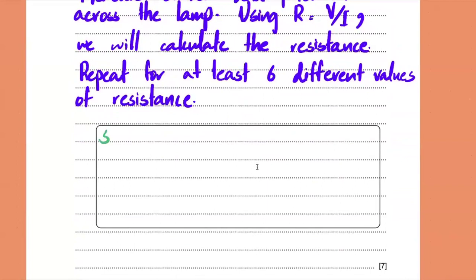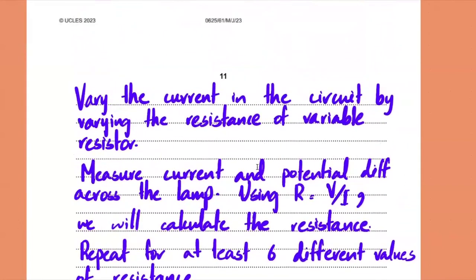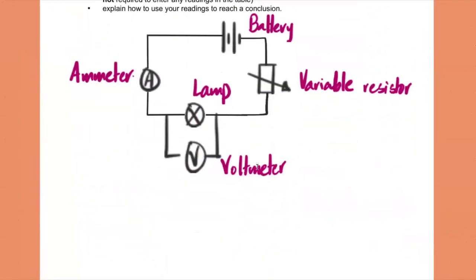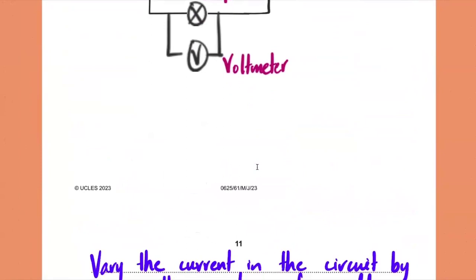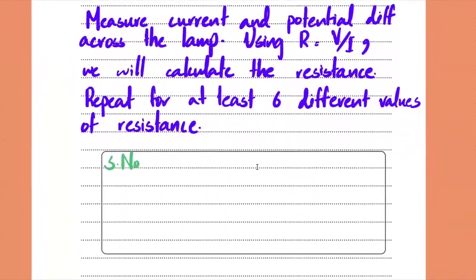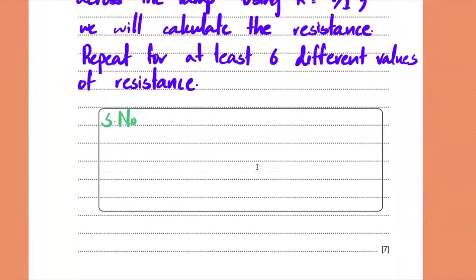So this is my serial number column. Again, not mandatory, it's up to you. Serial number column, and then I have to think about the current and the potential difference, because that is what leads us to the resistance of the filament lamp.